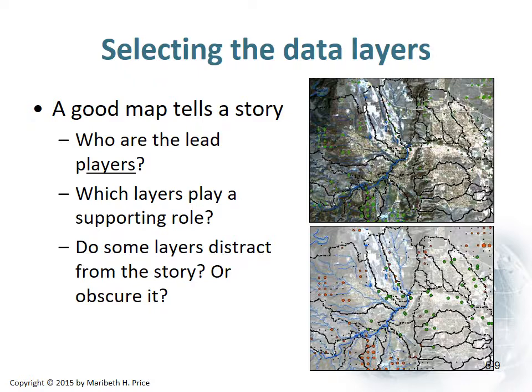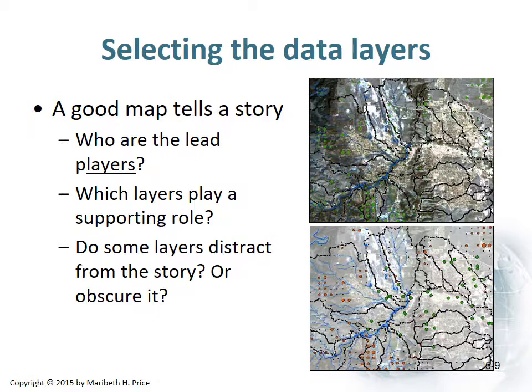We may be doing an analysis, and that analysis may be very dry, in some cases kind of challenging. But in the end, we need to display that information in a way that's very much like storytelling. So we can select the data that we're going to display in the map that best tells the story.